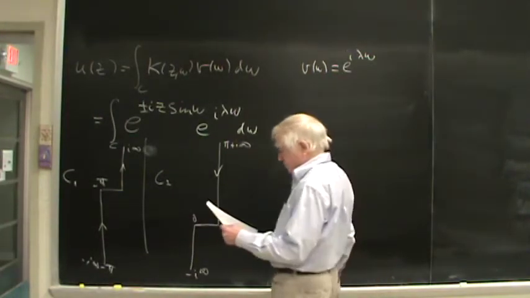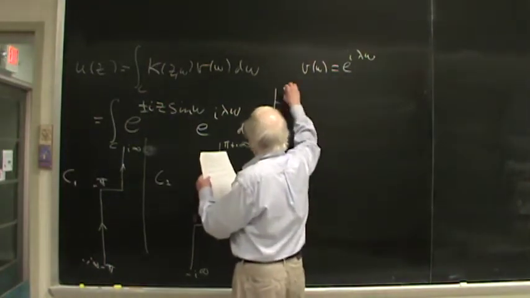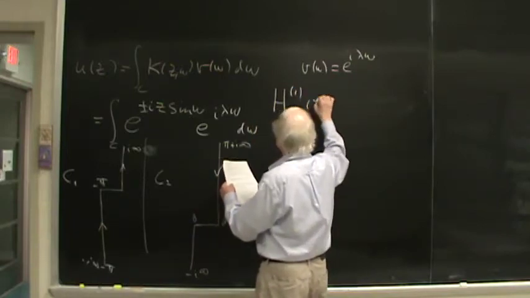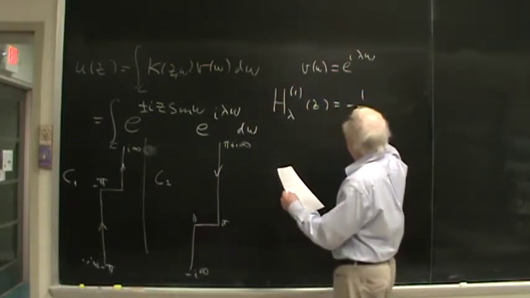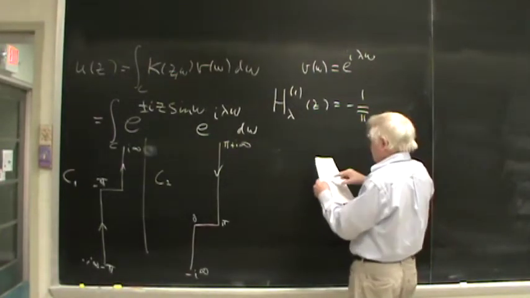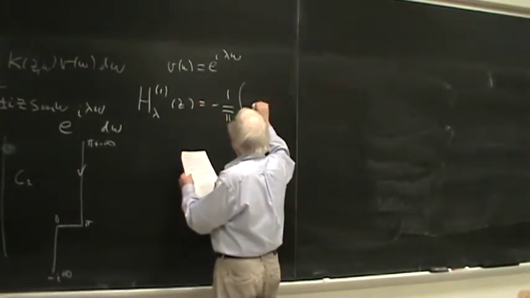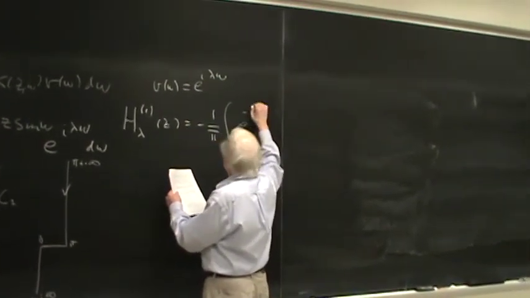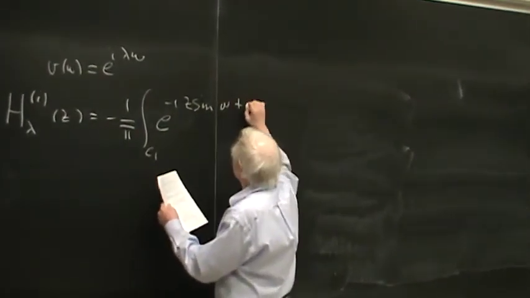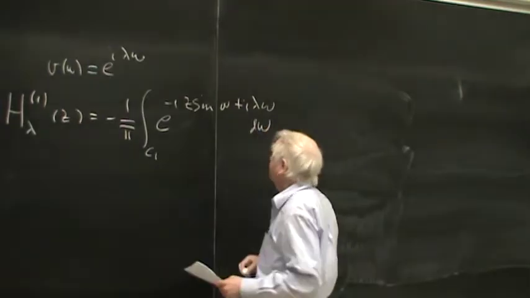Those two contours define the first and second Hankel functions. H lambda 1 of Z is minus 1 over pi integral C1 e to the minus Iz sine w plus I lambda w dw.